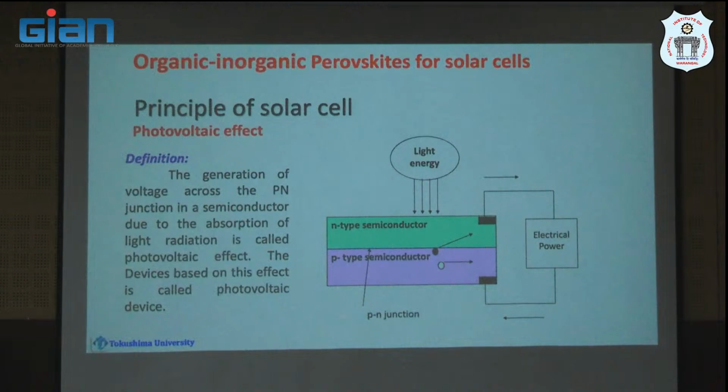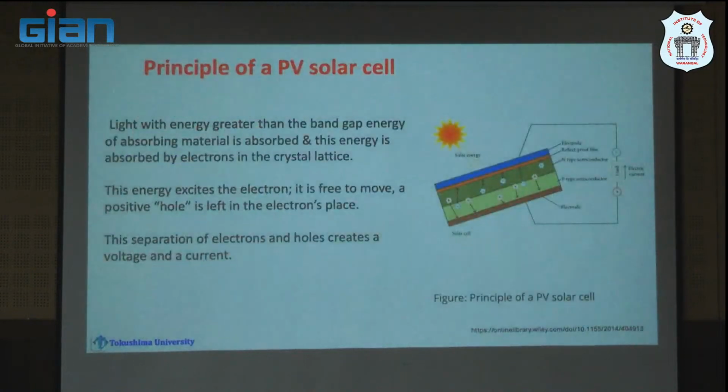So that's why photovoltaic effect. And a device based on this effect is called a photovoltaic device. Then once this change in voltage is created, it can be converted into electric power, because power means change in voltage, potential.